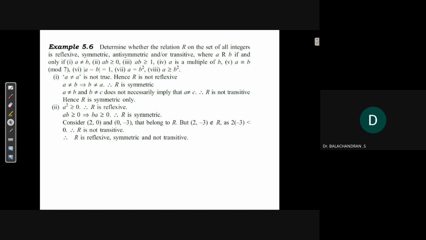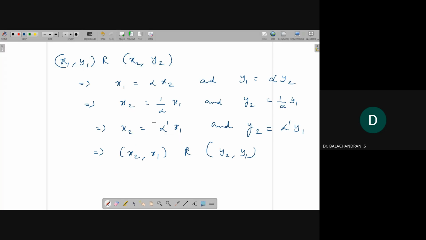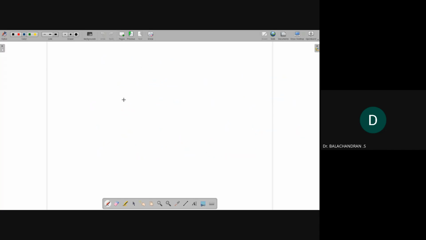But what about antisymmetry? For antisymmetry, for two different elements I should take x is not equal to y.